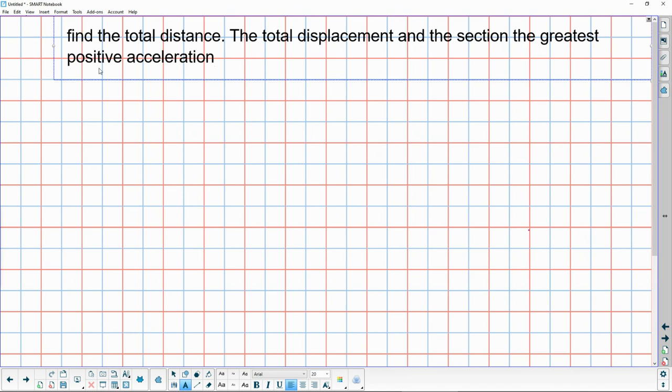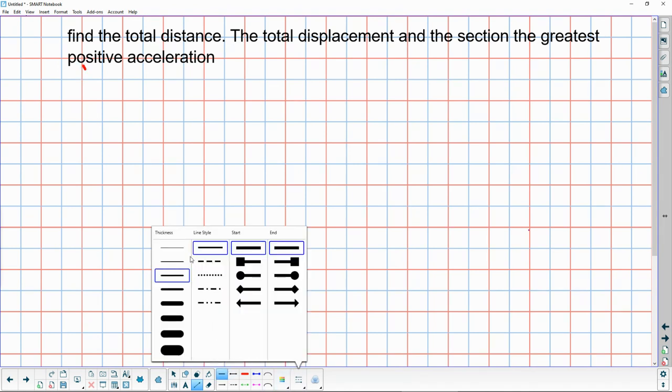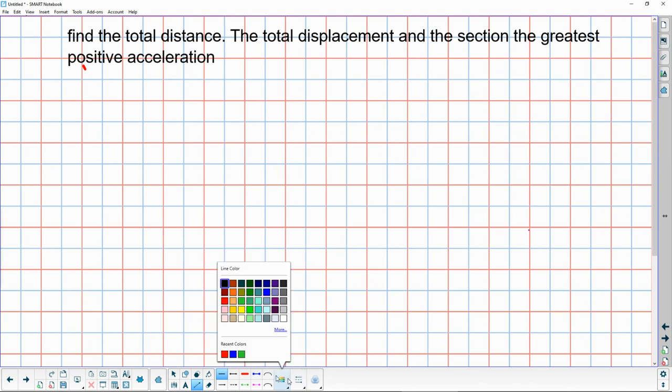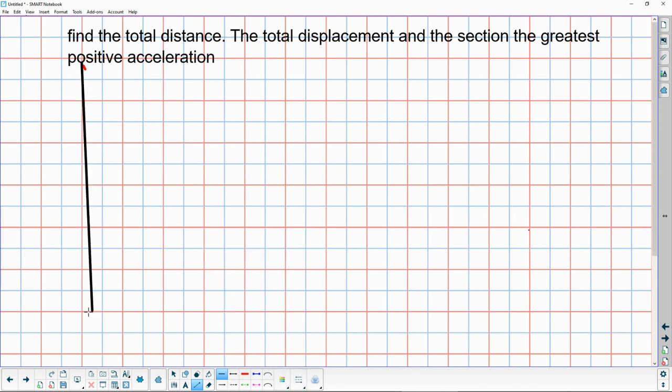Okay, so let's draw our T. We'll do a T1 here again. I'll use black for the T graph. All right, so go down this way.